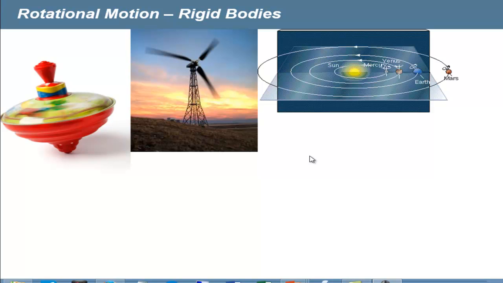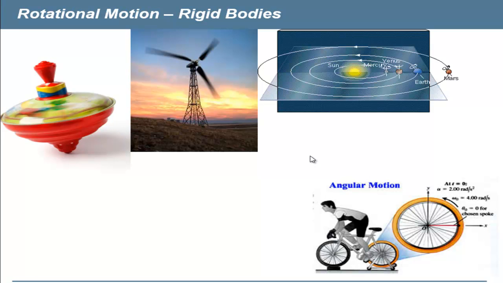We can also talk about maybe something more that we'd see every day, the rotational motion of a bicycle tire, or sometimes this is also called angular motion. Rotational motion and angular motion are one and the same, but we have this wheel here that's rotating counterclockwise like this, and it has an axis of rotation through its axle here, and that axle through the spokes transmits the rotational motion to the edges.